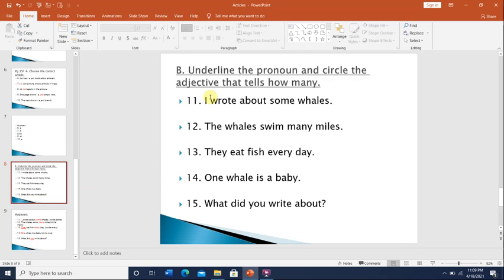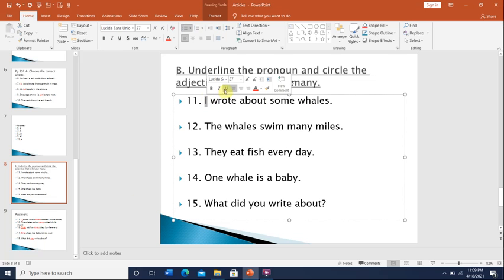I wrote about some whales. Here I is a pronoun, so we will underline it. And some is an adjective that tells how many, so we will circle the word some.